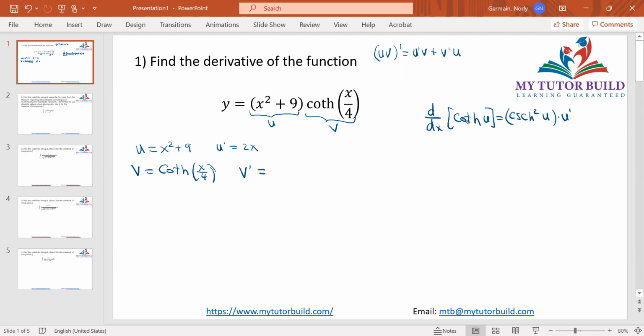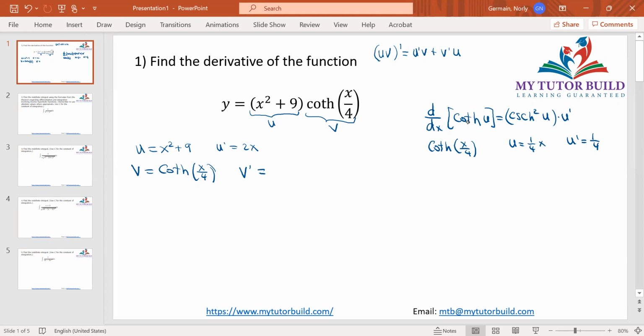Now, in the hyperbolic cotangent x over 4, let's say u in this case is 1/4 of x. So u prime would be simply 1/4.